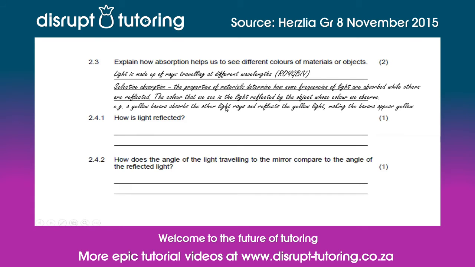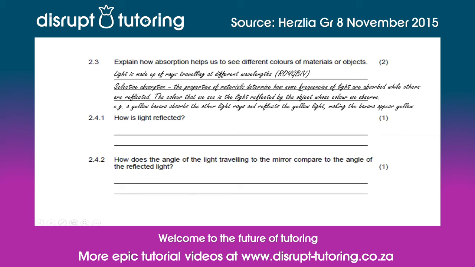So if you have a yellow banana, when the light is shining onto the banana, it's going to absorb red, orange, green, blue, indigo, and violet rays and reflect the yellow light rays, making the banana look yellow. The same thing applies if we're looking at a red apple. It's absorbing all these other wavelengths of light and reflecting the red, which is what we see as a red apple.